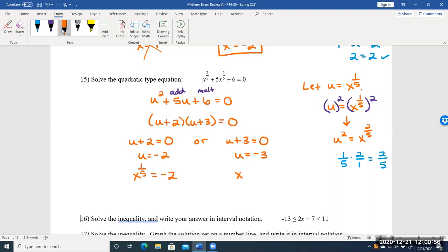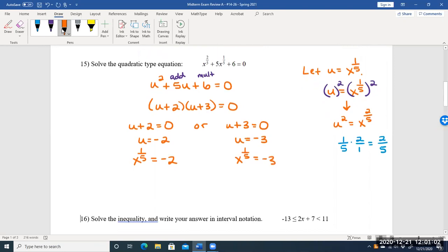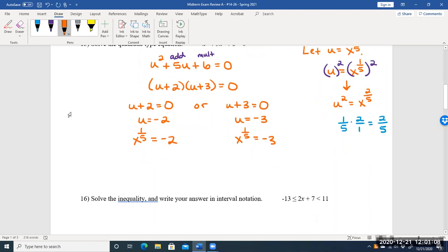And so I'm going to back substitute, and I've now got x to the 1/5 equals -2, or x to the 1/5 equals -3. From here, I like to switch into radical form just because I think it's a little bit easier to see how we need to solve this equation, or these two equations. But if you know what to do from here, you don't have to do this extra step.